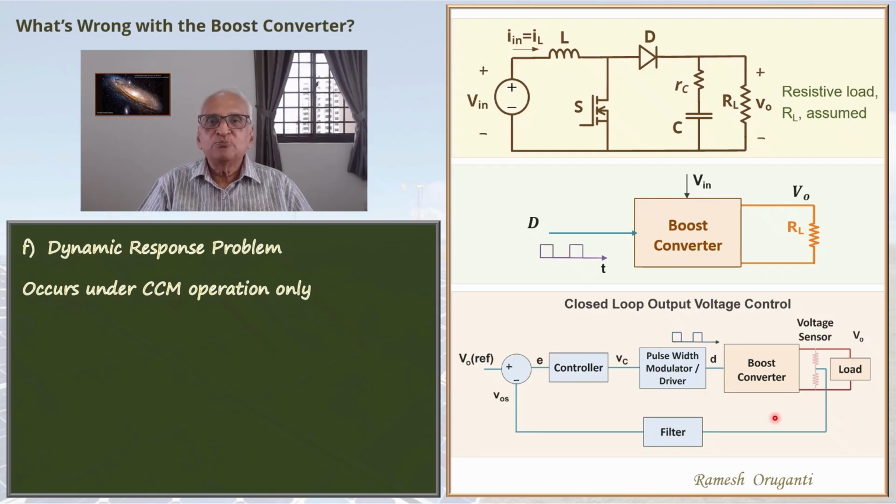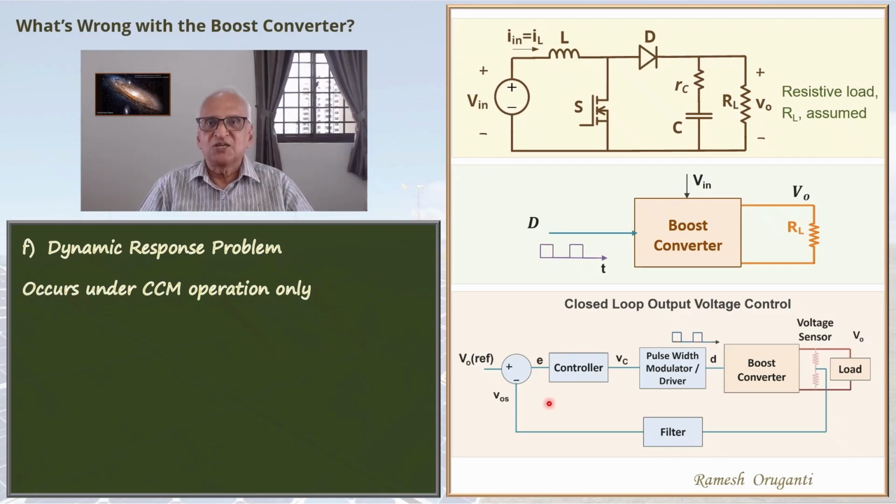Let us assume that this loop has reached steady state. That means the converter is operating under steady state, developing an output voltage based on the reference voltage.